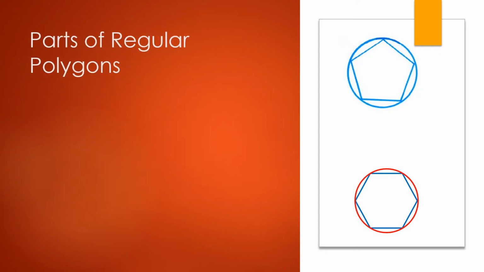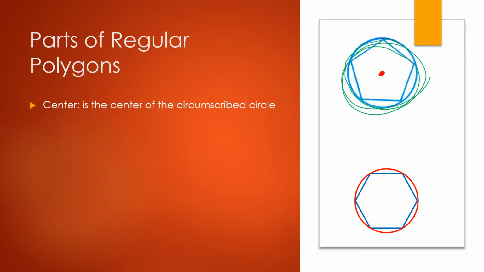All right, in order to find the area of these, you're going to need to understand some of the basic parts of regular polygons. The first part is the center. The center of the regular polygon is going to be the same as the center of the circumscribed circle. Circumscribed means like circumference, it goes around. So a circumscribed circle is that circle going around a figure.